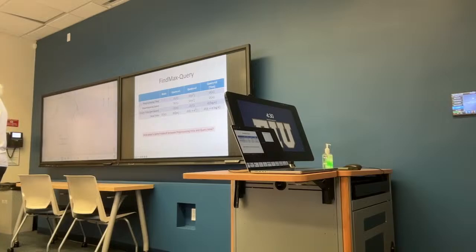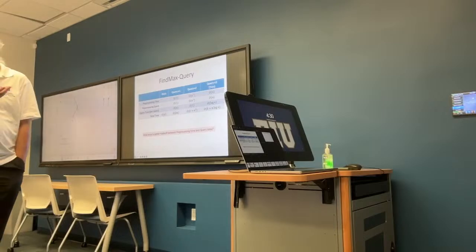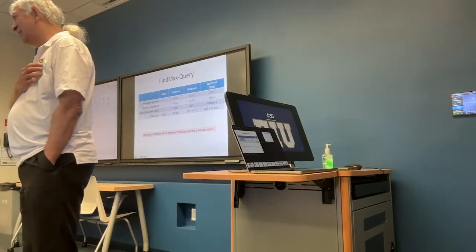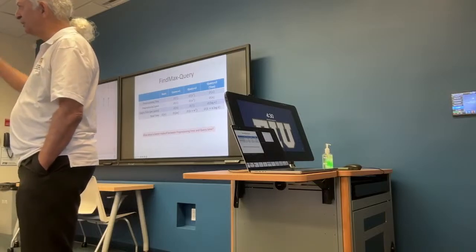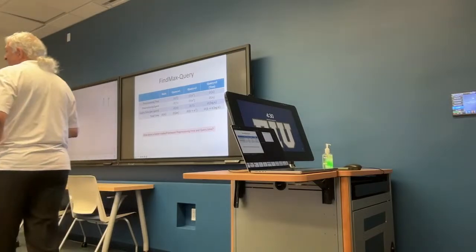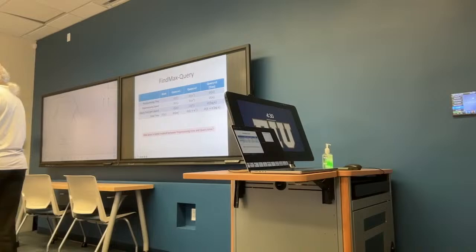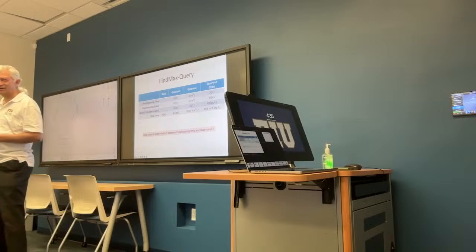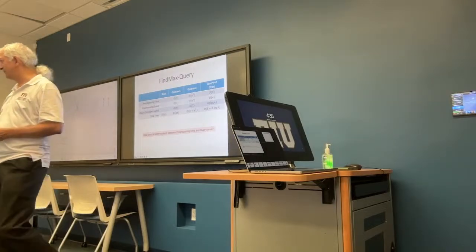Roughly 10, because 2 to the 10 is 1,024. So log of 1,024 is about 10. Let's just say for 1,000 the log is 10. For 1,000,000 it's going to be 20, because it's a square of 1,000, right?